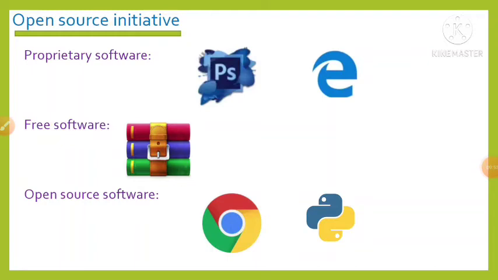Based on this, we can divide software into three categories: proprietary software, free software, and open source software. At first we will be talking about proprietary software.